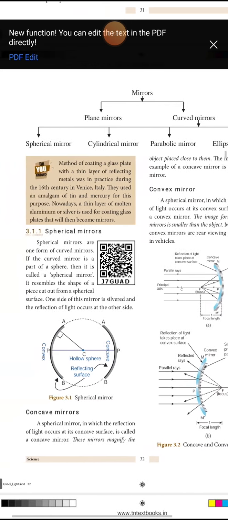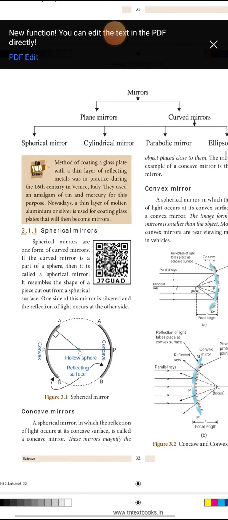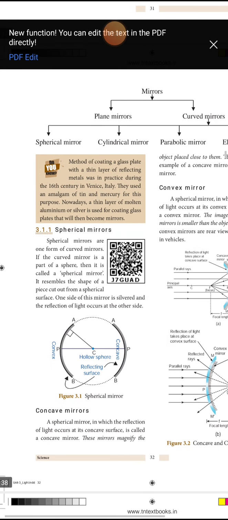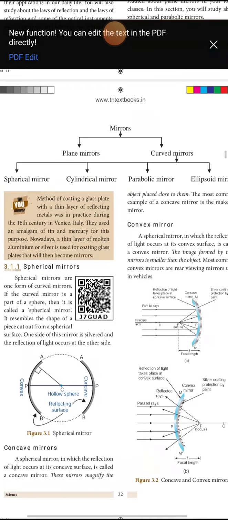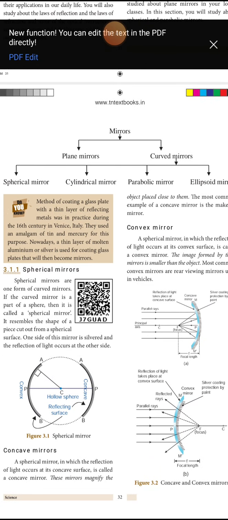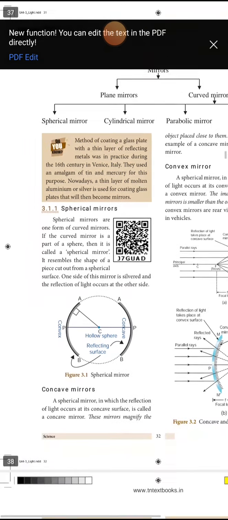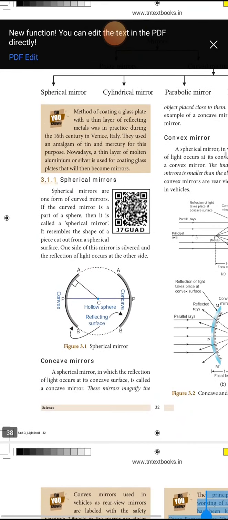The convex and concave mirrors come under the types of spherical mirror. The first type we are going to see is spherical mirrors.